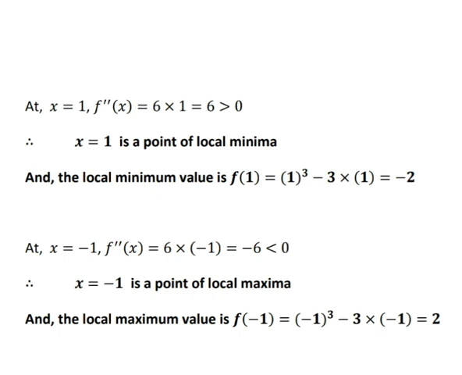Less than 0 means point of local maxima. And therefore, the maximum value of the function can be found out simply by putting x equal to minus 1 in the expression of the given function. So f of minus 1 will be equal to 2.